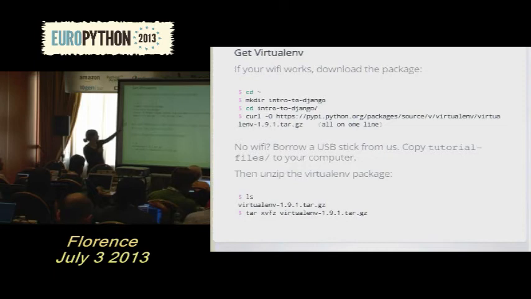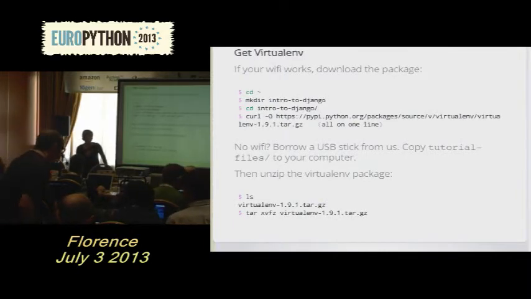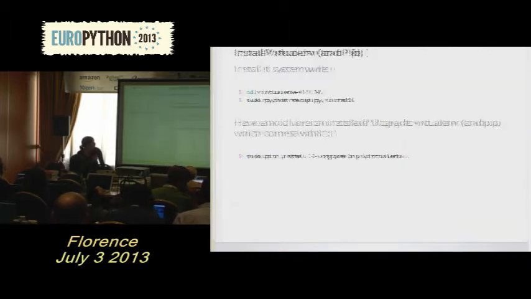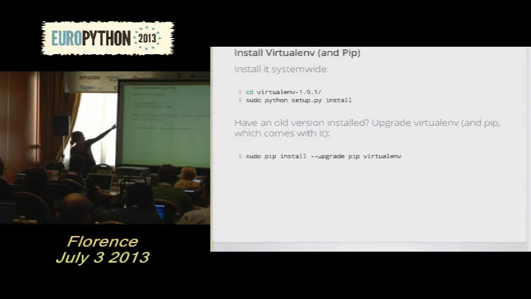The first part here is just the part to get the file, which, if you have it from your USB stick, of course you don't need to do. When you have the file, you just untar it, and in the next step, this is how you install it system-wide.